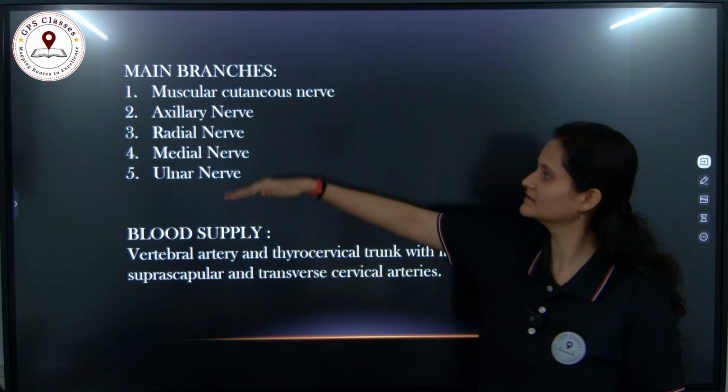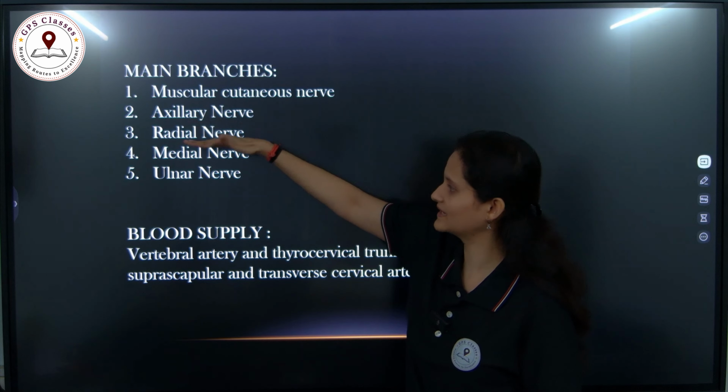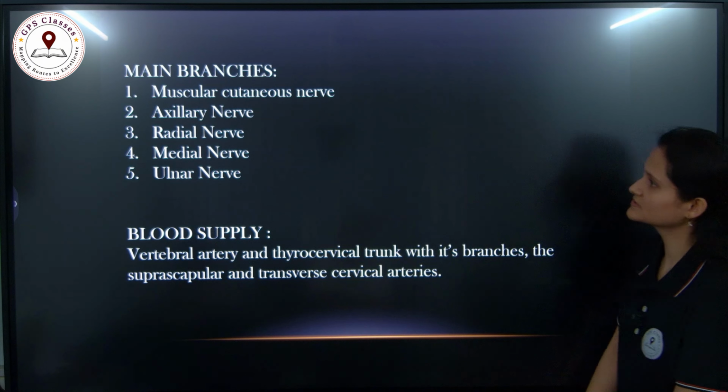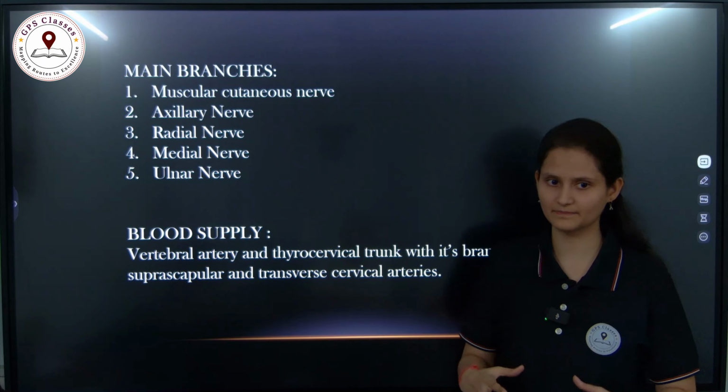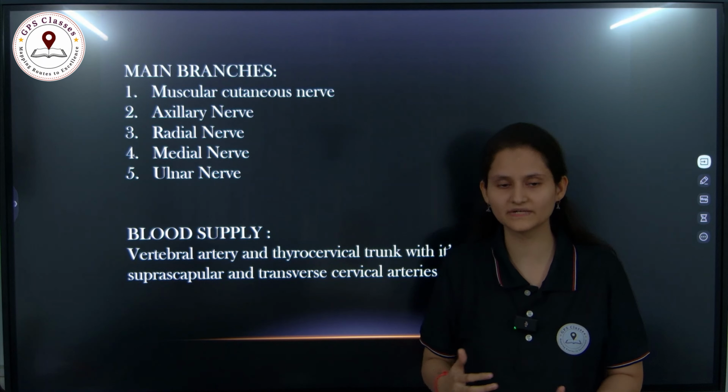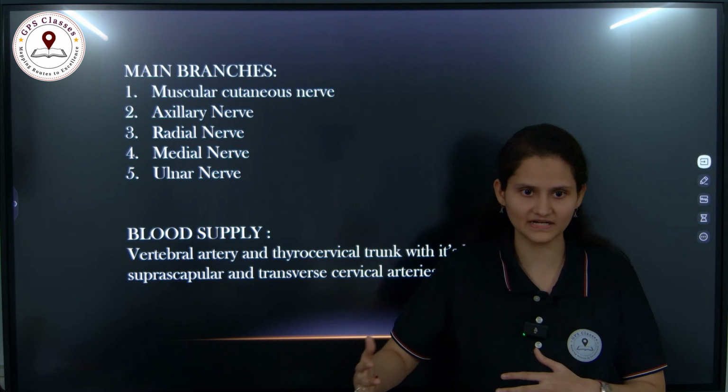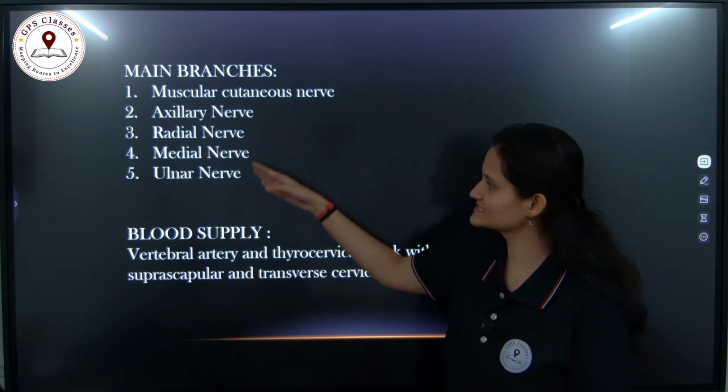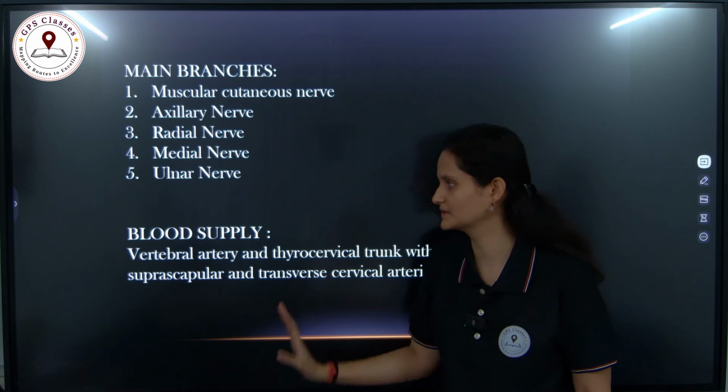We remember this as my aunt raised my uncle. These are the main branches that supply our upper limbs. The brachial plexus mainly supplies our upper limb and our thorax, so these are the major branches which we have to remember.